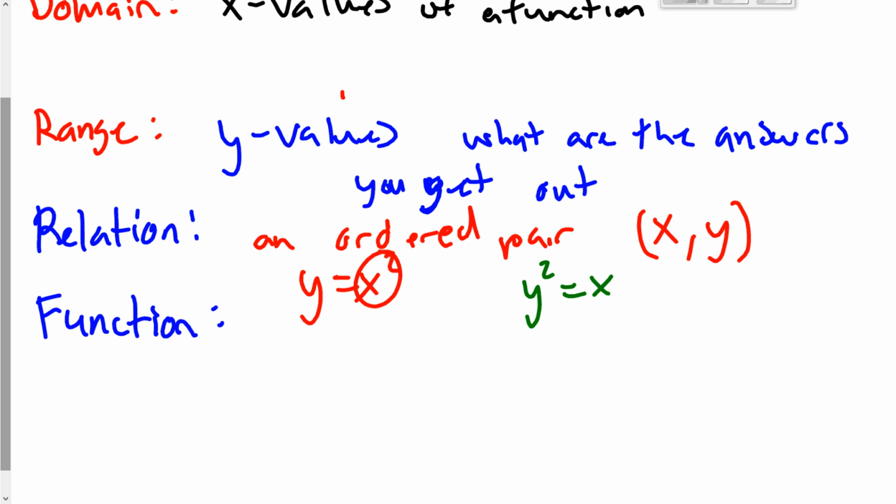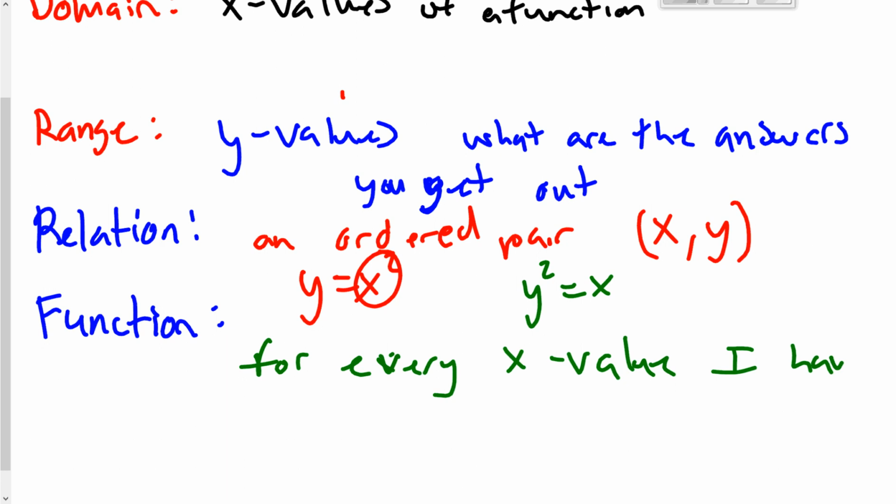is for every x value that I have, I have one y value. So for every x, there's only one y value. That is a function. Okay.